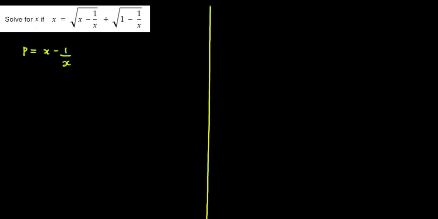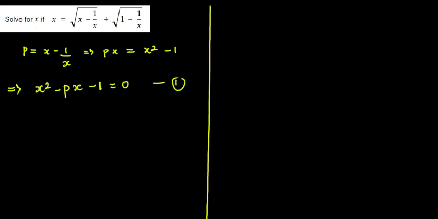So multiplying through by x, it implies that px is equal to x squared minus 1. Now moving px to the other side of the equation, we have that x squared minus px minus 1 is equal to 0. So we'll call this our equation 1.